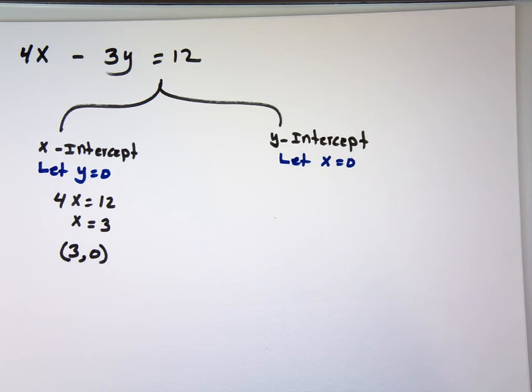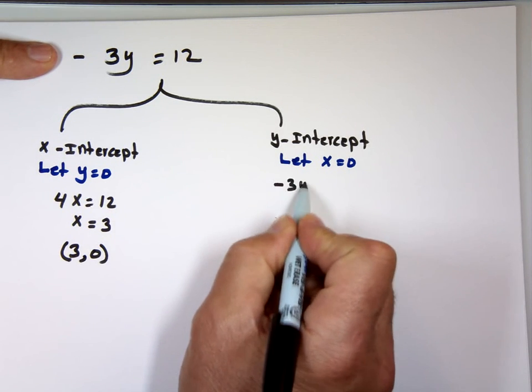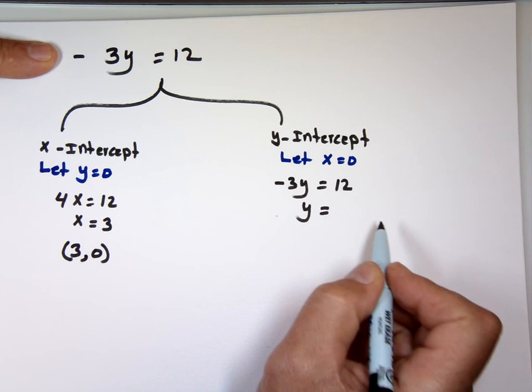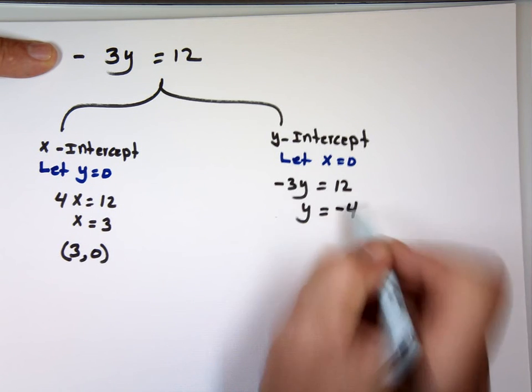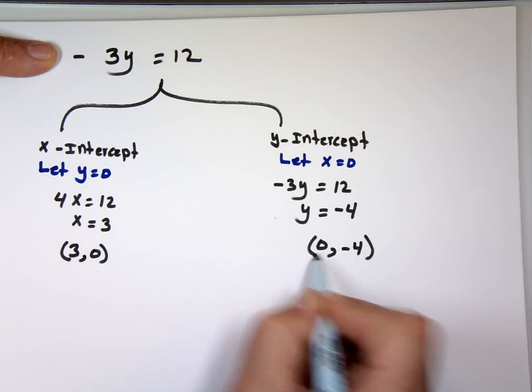And to find the y-intercept, you let what? X be 0. If you let x be 0, this is gone. Negative 3y equals what? 12. Y equals what? Negative 4. Notice x is 0, y is negative 4. And that's it.